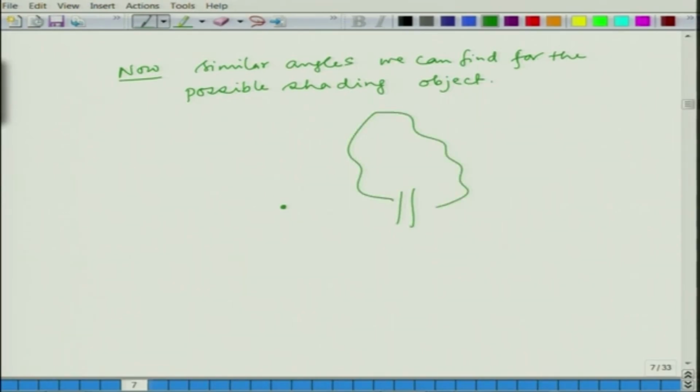At a particular time, if the sun is here, there will be no shading by this tree. It may be something else here also, but by the tree you do not have any shading. But if the sun is here, then this tree will shade the point, or this is the collector point.